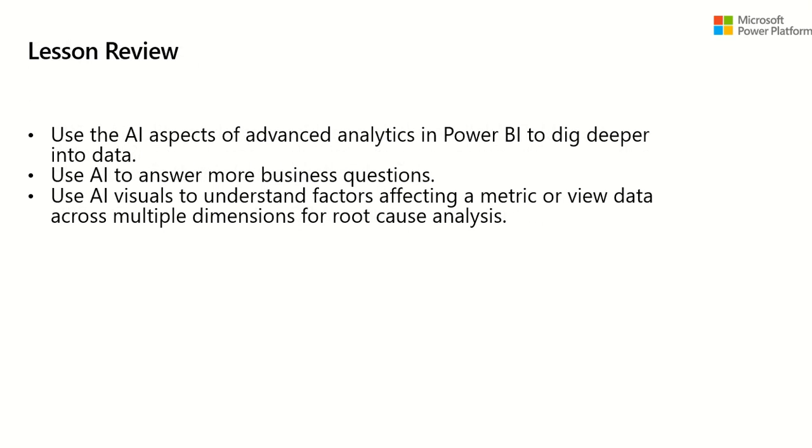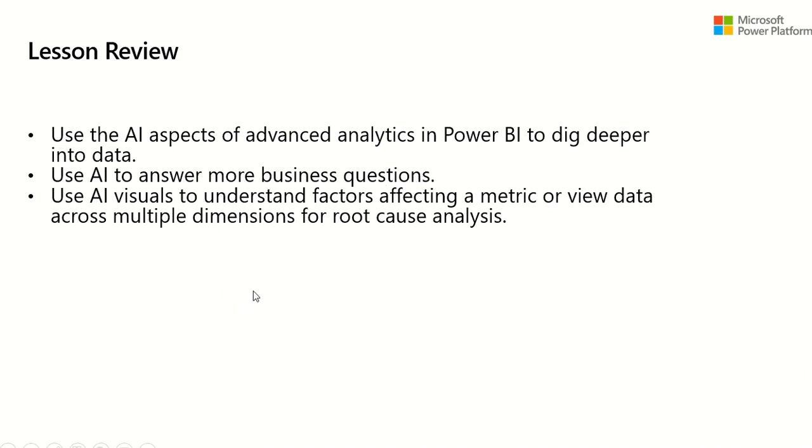Okay, the review of the lesson. We can use the artificial intelligence aspect of advanced analytics in our Power BI in order to dig deeper into your data. Artificial intelligence can provide you answers about your business questions, meaning about the data that you are provided, using Q and A, that is question and answer.